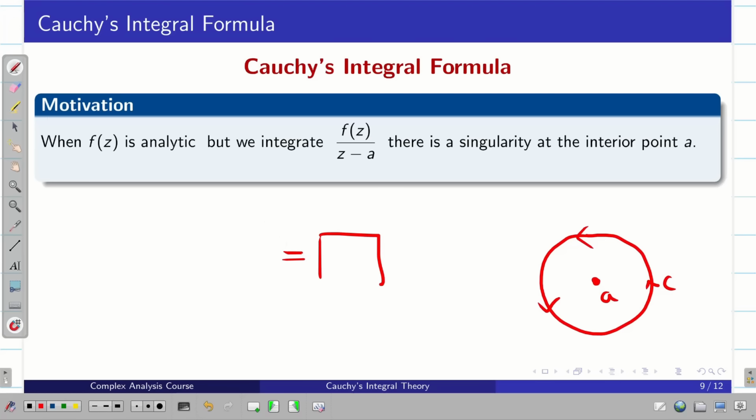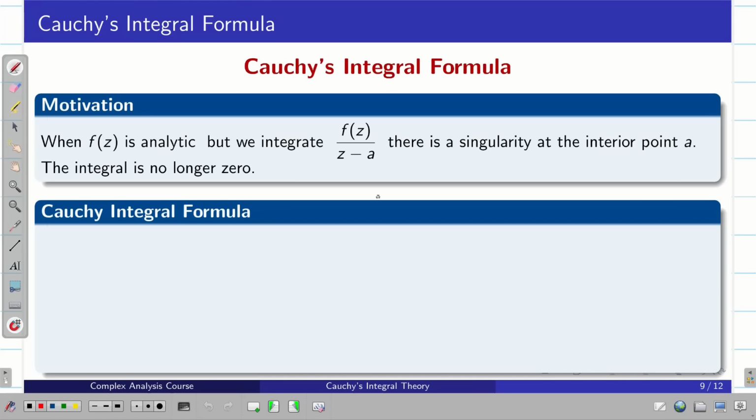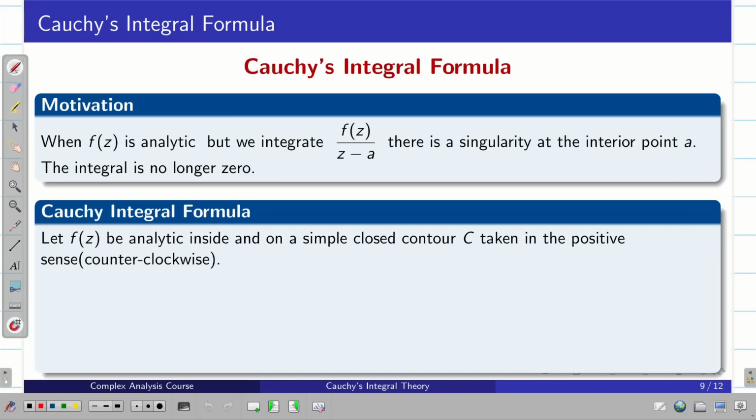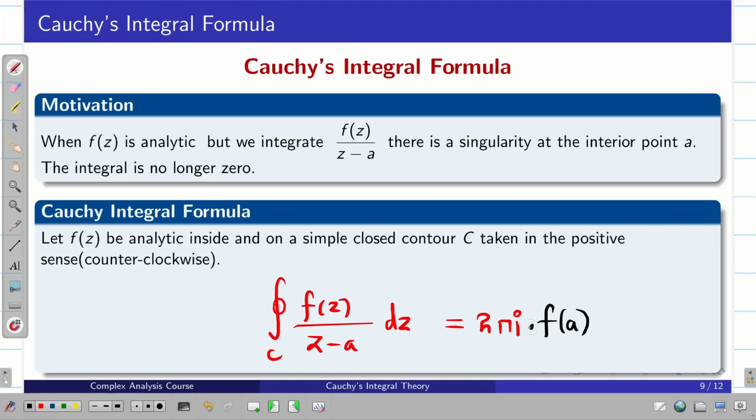So we get some non-zero value on the right hand side. Let us see the definition of Cauchy integral formula. If f of z is analytic inside and on a simple closed contour C taken in a counterclockwise direction or positive sense, then integral over C f of z divided by z minus a into dz is equal to 2 pi i into f of a.